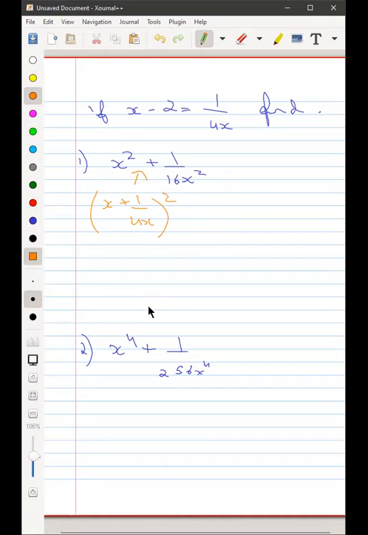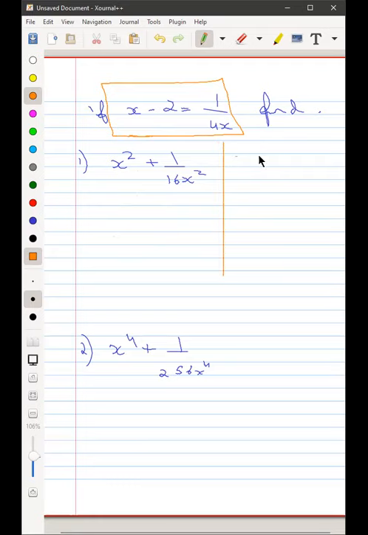Is this clear? Yeah. So we basically need to know x plus 1 upon 4x, isn't it? Okay, so I need to know x plus 1 upon 4x. That's what we have in mind. Using this information, can I find out x plus 1 upon 4x? I have x minus 2 is equal to 1 upon 4x. Can I find out x plus 1 upon 4x using this?